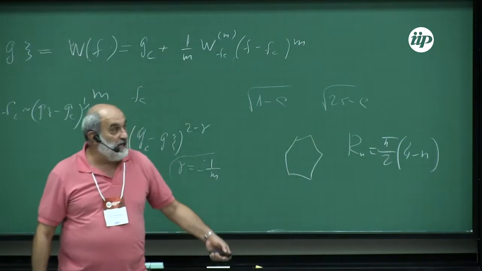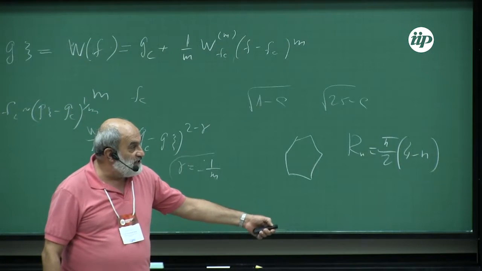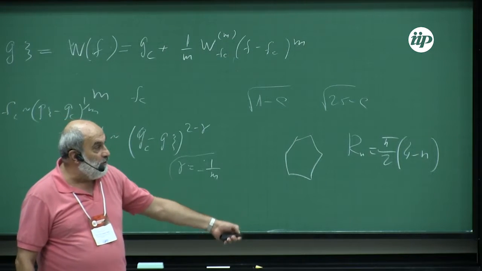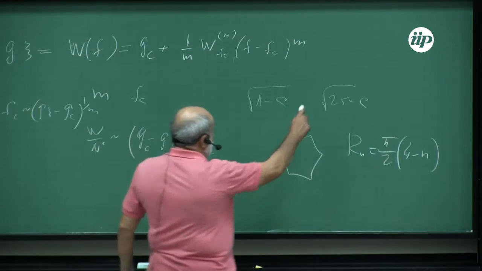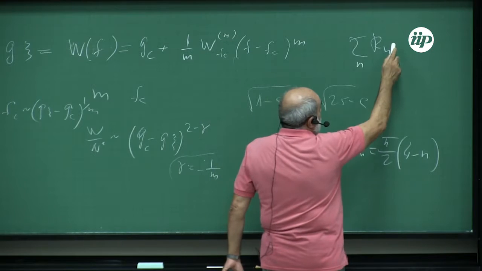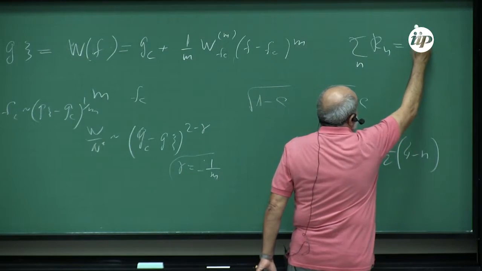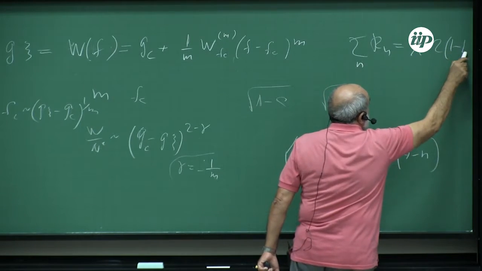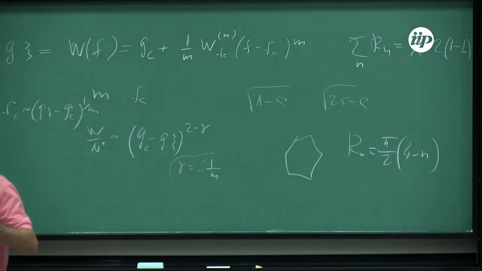If you associate with each simplex, with each face here, this type of curvature, and take the sum of R_n over all faces, then you will get that it's equal to the Euler characteristic of the surface, which is 2 multiplied by 1 minus h, the number of handles.